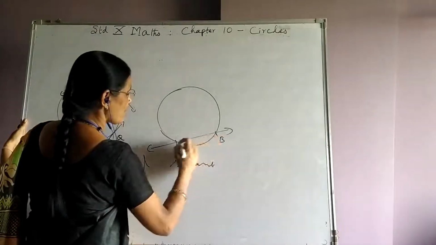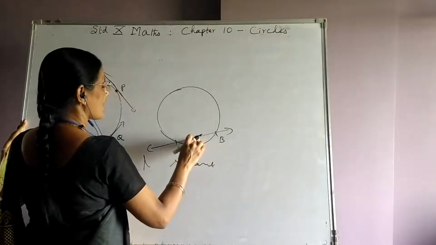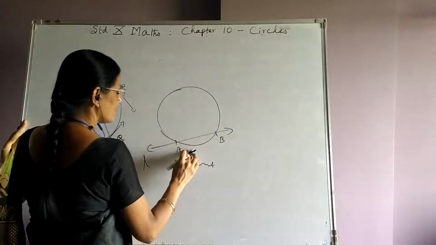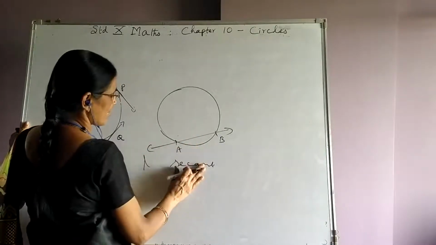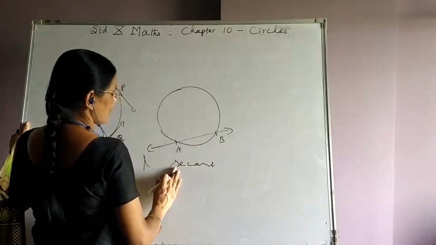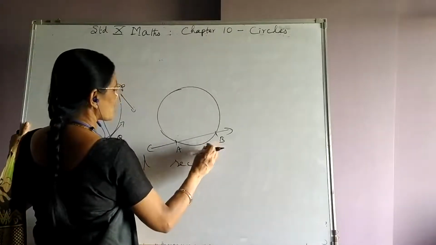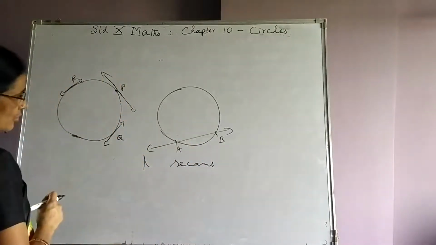If A and B become one, if A and B coincide, then we say a secant becomes a tangent of the circle. So what is the condition for a secant to become a tangent? If the two distinct points coincide with one another, the same secant becomes a tangent of the circle.